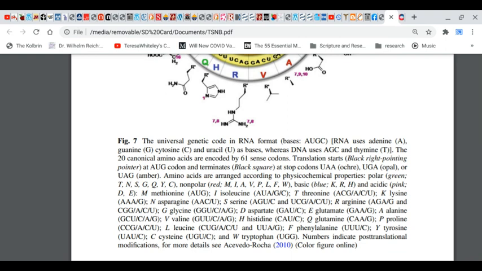Translation starts at the AUG codon and terminates at stop codons UAA, UGA, or UAG. Amino acids are arranged according to physicochemical properties: polar green, nonpolar red, basic blue, and acidic pink. Methionine.